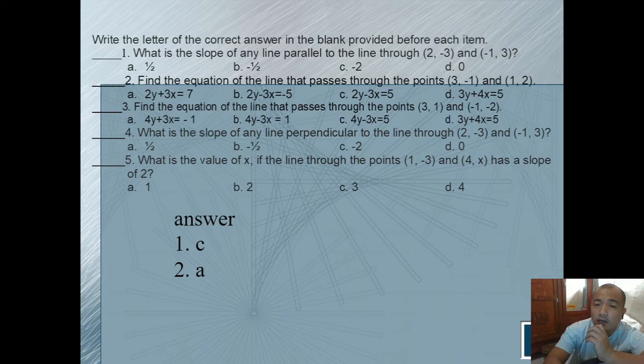About number 3, find the equation of the line that passes through the points 3, 1 and -1, -2. Okay, I think we can solve this in 10 seconds. Try to solve number 3. Is it A, B, C, or D?